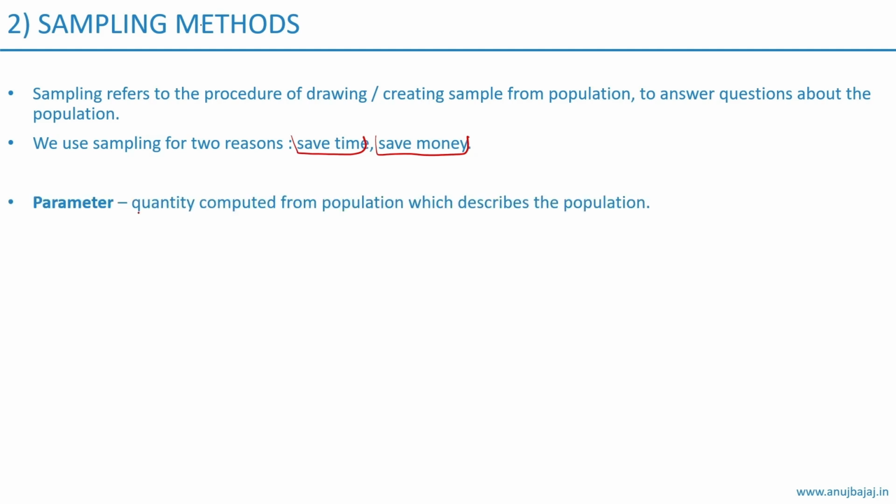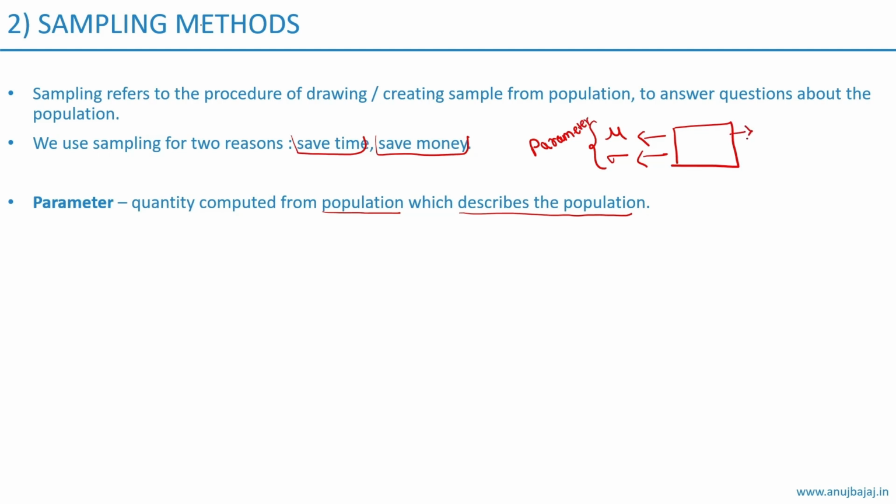Parameter refers to the quantity computed from the population data to describe the population. So this is the entire population, and if I calculate say the mean and the standard deviation, these are referred to as the parameters or the population parameters.